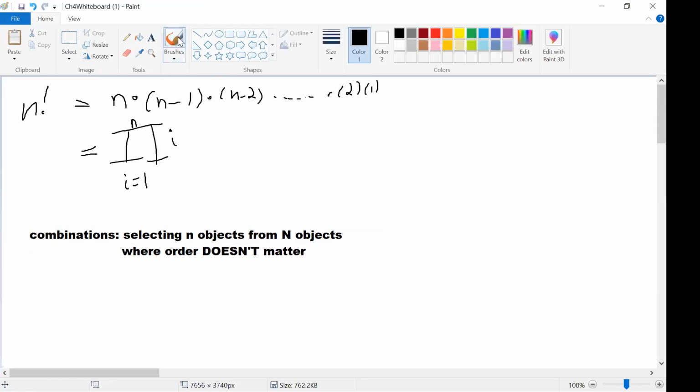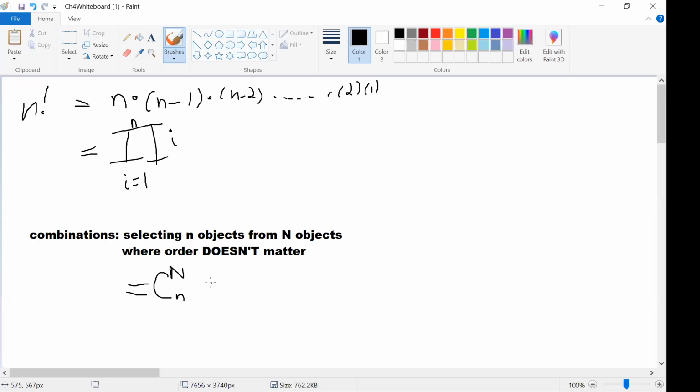Now, we denote this as C of lowercase n, uppercase N. So the C stands for combinations. Lowercase n means we're choosing lowercase n objects. And then the uppercase N means it's from these N objects. It is implied there's no replacement.